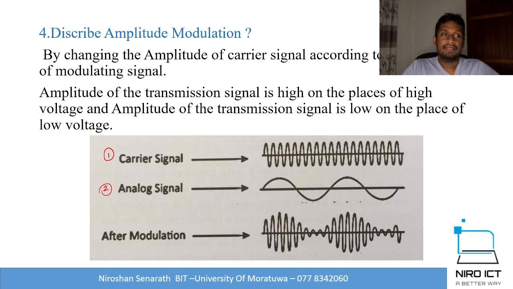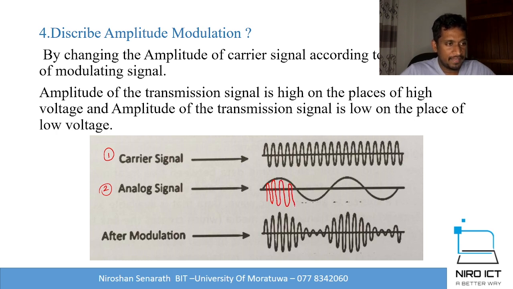Here, the carrier signal is changed according to the amplitude of the modulating signal. These are the places of high voltage, which belong to the second one, the analog signal.